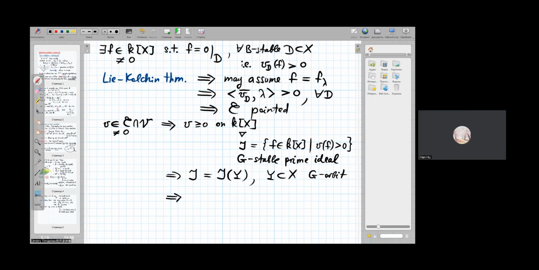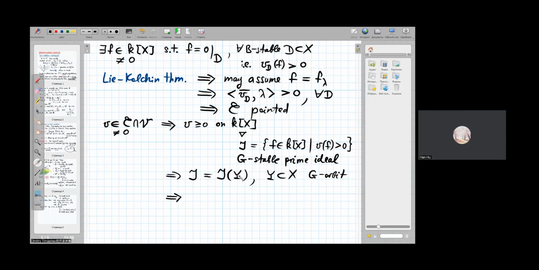Yes, Y is a G-stable closed irreducible subvariety, because it is a prime ideal, so the respective subvariety is irreducible.